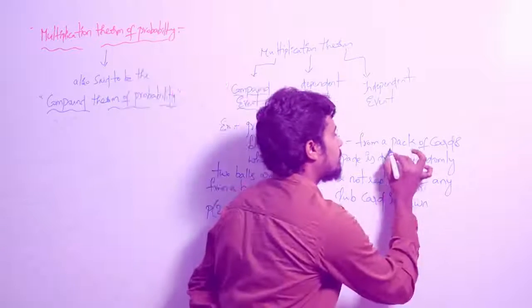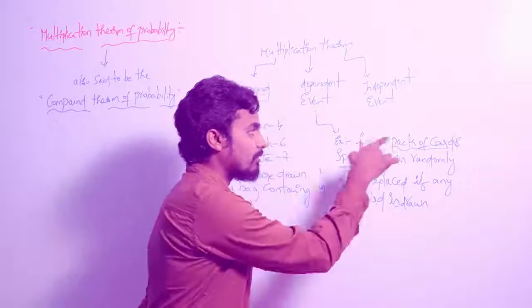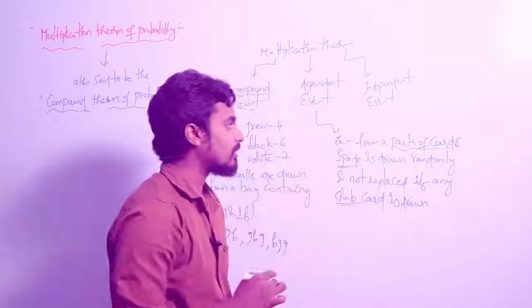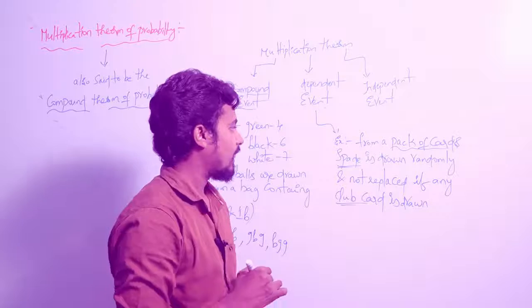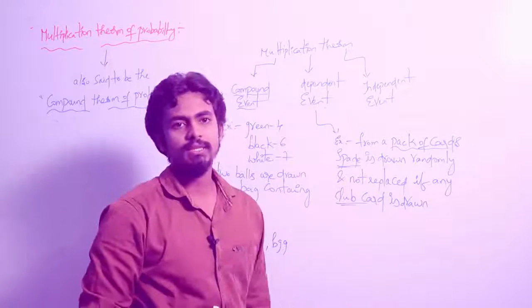Here in this pack of cards, spade is also part of the cards as well as the club is also part of the cards. Hence this will be said to be the dependent event.